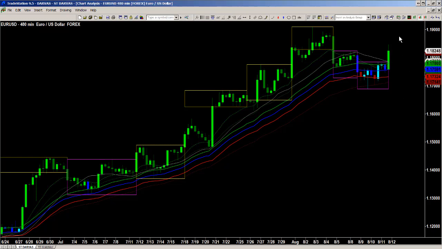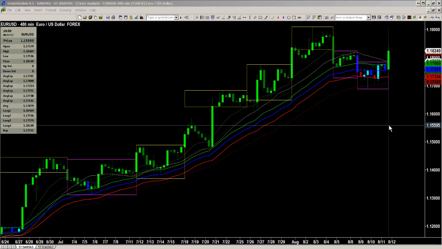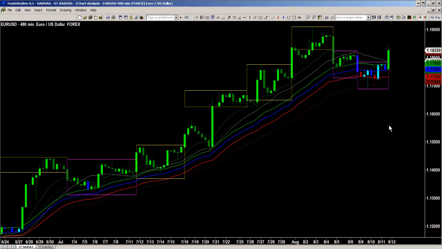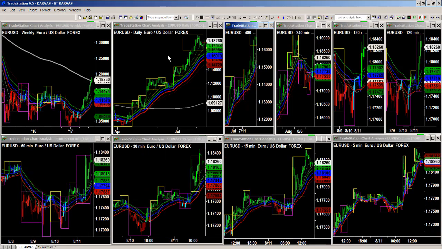We were looking for follow through in terms of a break of that level to get long with momentum, and that's exactly what we saw through 85. We've punched up to the 1846 level, and I'm going to take this long into the weekend. That's the Euro US momentum play.